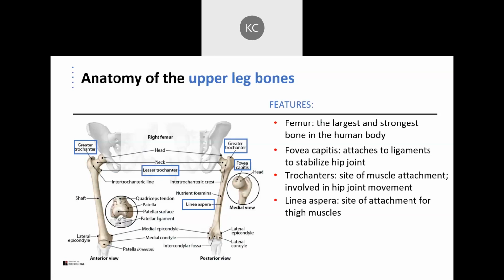All right. We also have something known as the linea aspera, and this is a small but long raised region of bone, and this allows for the attachment of several muscles, including the muscles of our medial thigh compartment. So what are called our adductors, that we'll look at whenever we do muscles in lab. The adductors help to adduct. So adduction is the process of bringing a body part, or the leg in this case, in closer to midline.